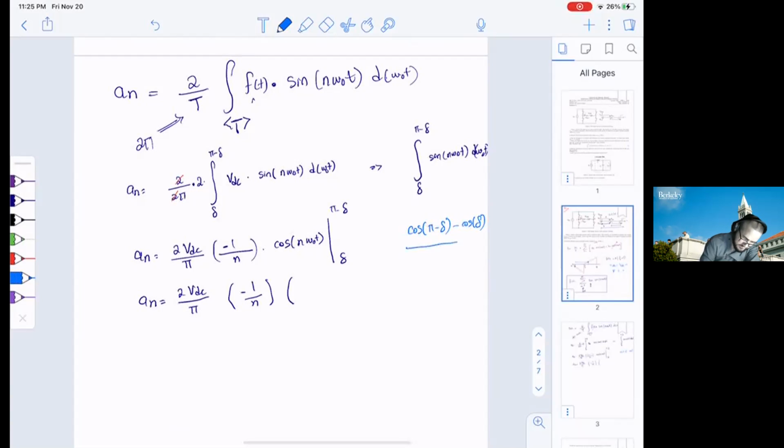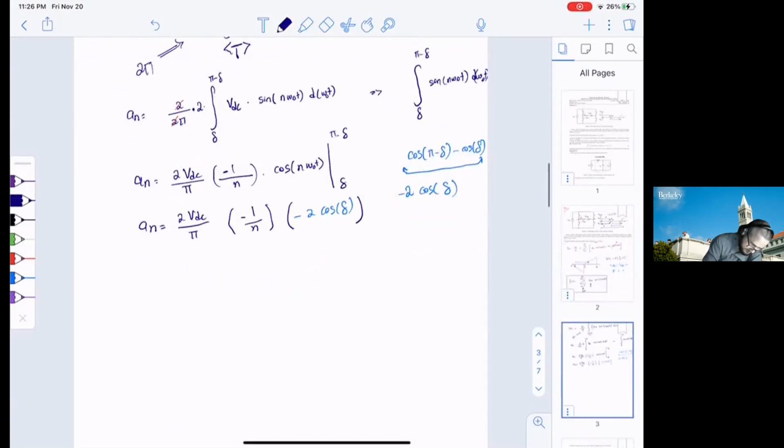If you evaluate these two based on the trigonometry, what this becomes is really negative cosine of delta. So when we multiply this negative by this negative, I'm just going to write it down. Actually, 2 right here, sorry for that. This becomes 2 minus 2 times cosine of delta, so minus 2 cosine of delta.